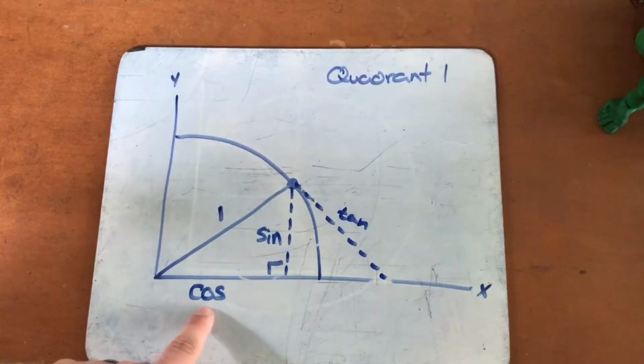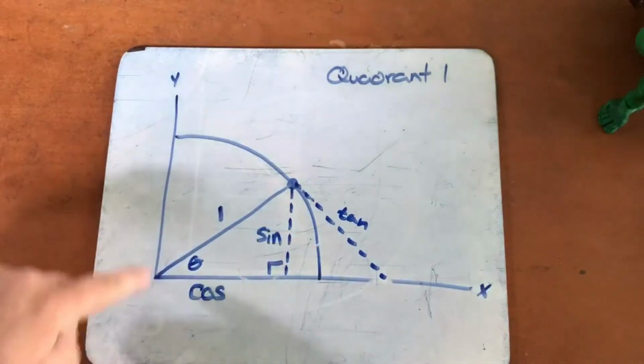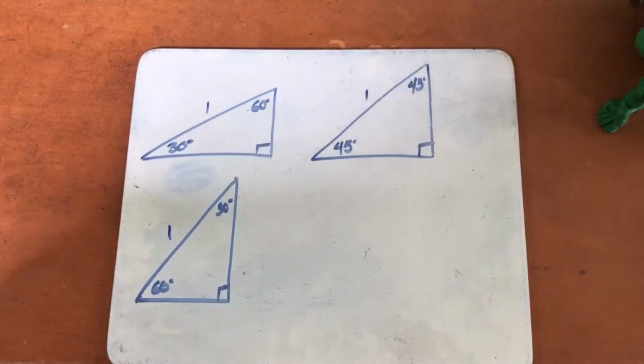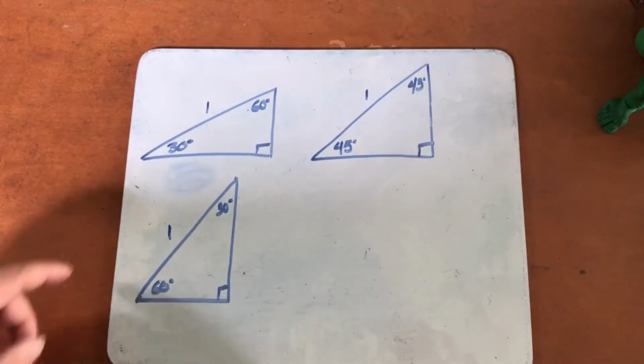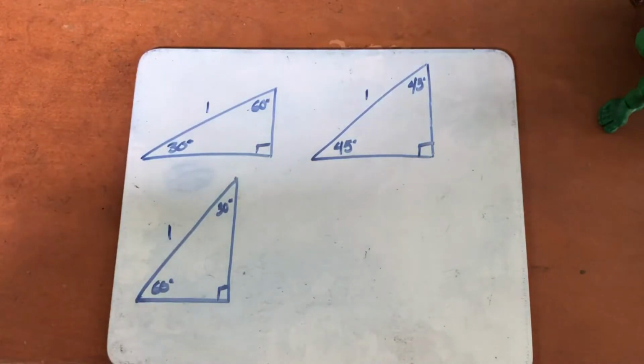All right, the cosine of this angle, which we'll call theta, is the x value of the coordinate, and the sine of theta is the y value for the coordinate. Now, the reason this comes in handy is because we're specifically using special right triangles, meaning we're using 30 degrees, 45 degrees, and 60 degrees.